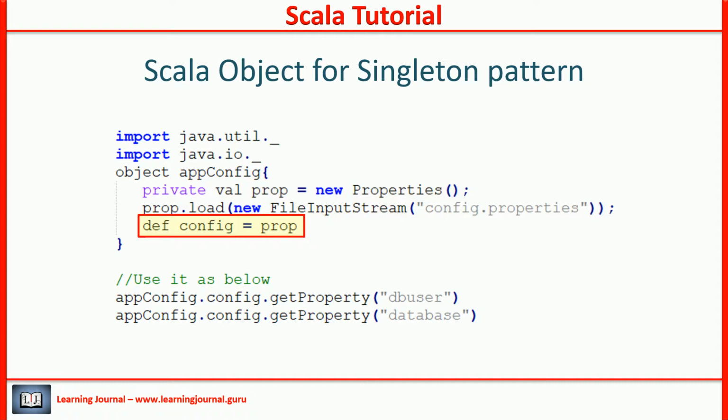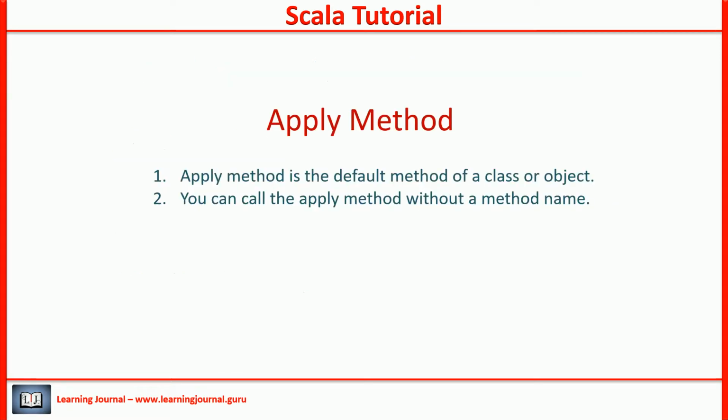Every time you call the config method, it simply returns the same instance. So, no matter how many times and from where you call this object, it won't reload and create multiple properties objects.